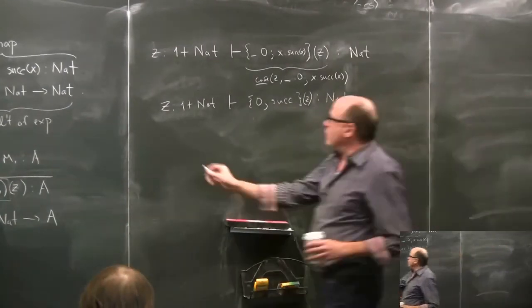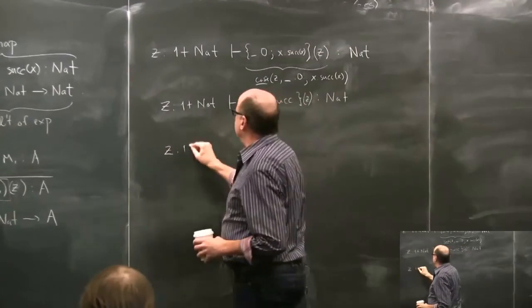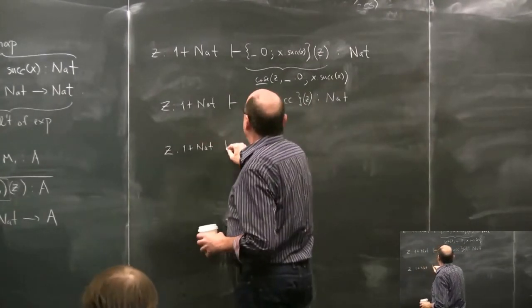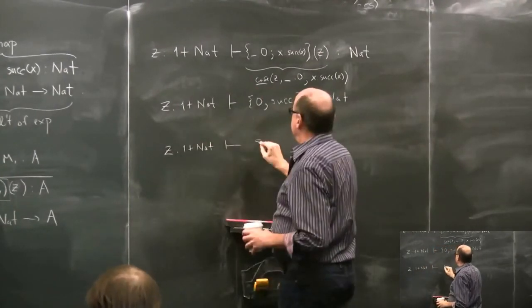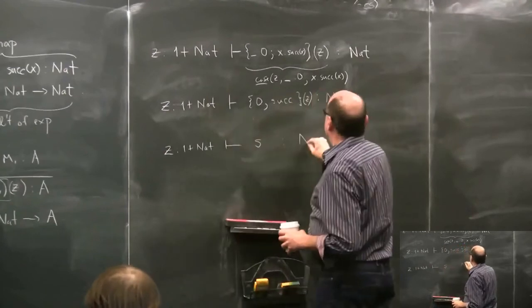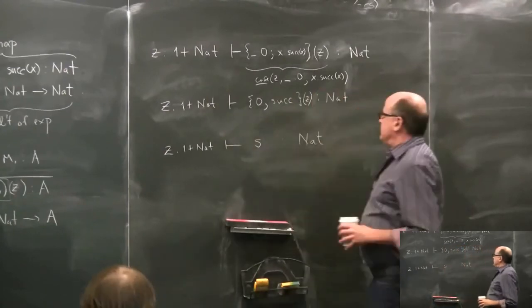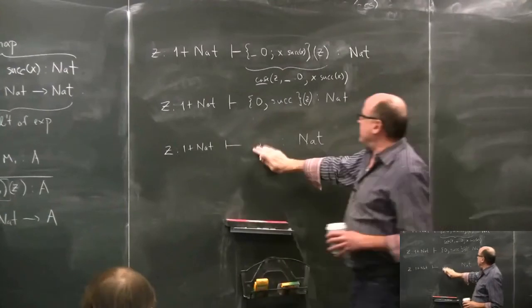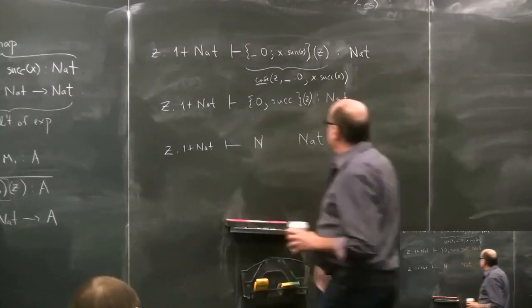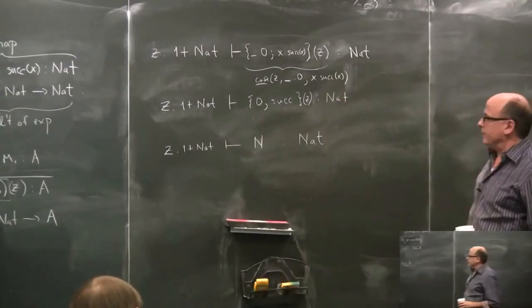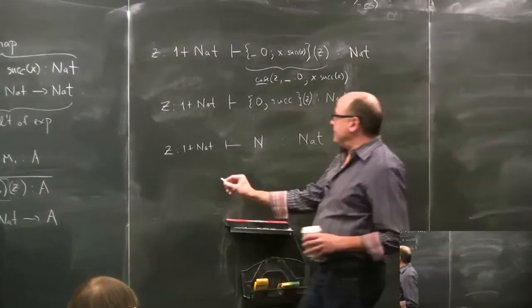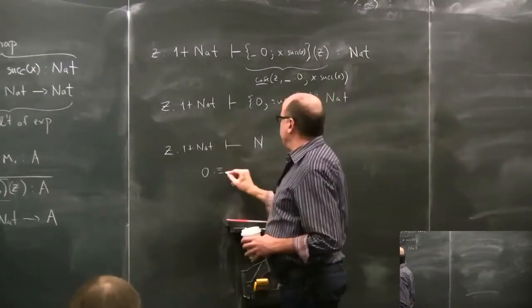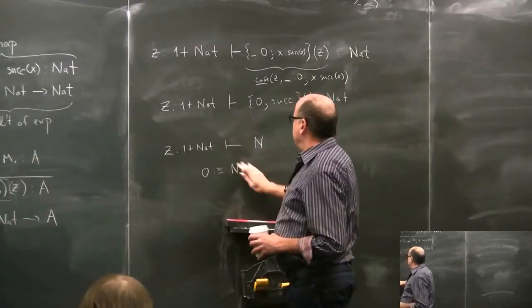So if I were to have Z in 1 plus Nat, arrow, and let's just give it a name, S, let me call it N, is in Nat. Suppose you give me one of those things, then what I can do is say, well, 0 is N, you have to plug it in.